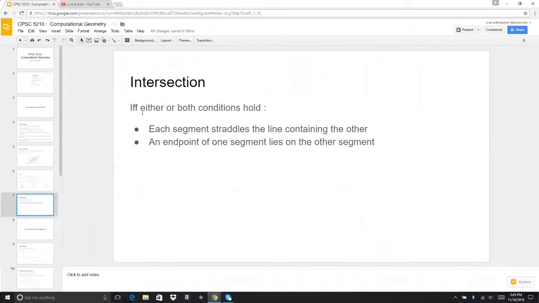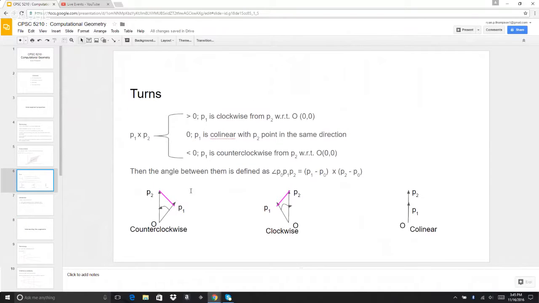The intersection. If and only if either or both conditions hold, each segment straddles the line containing the other, or if and only if an endpoint of one segment lies on the other segment. So here's the endpoint, 0, lies on the other segment. And in all of these examples, clockwise, counterclockwise, collinear, they do intersect because the origin, considered the endpoint of each of these vectors, lies on both.